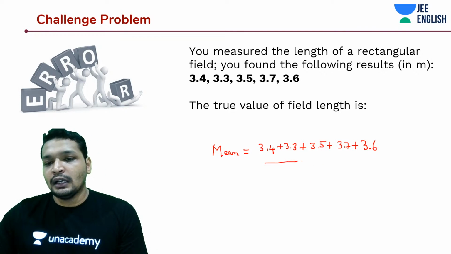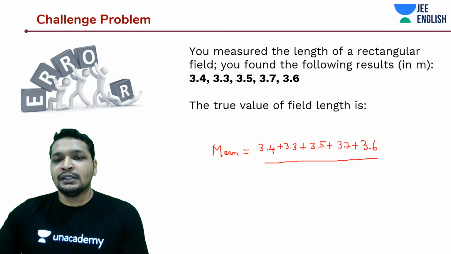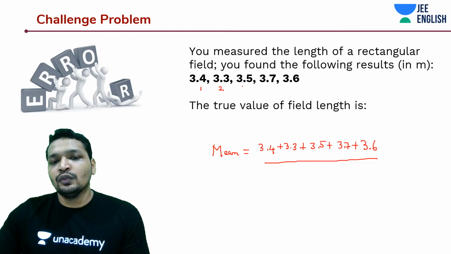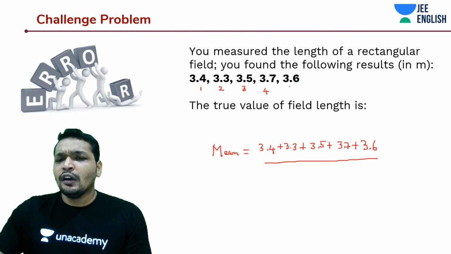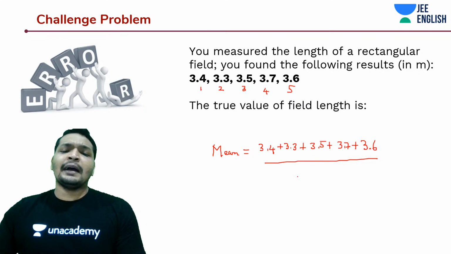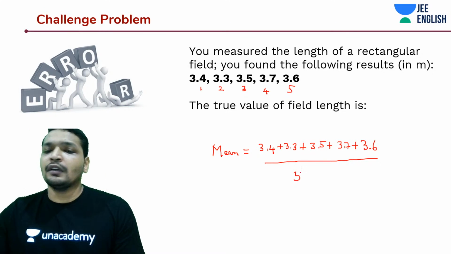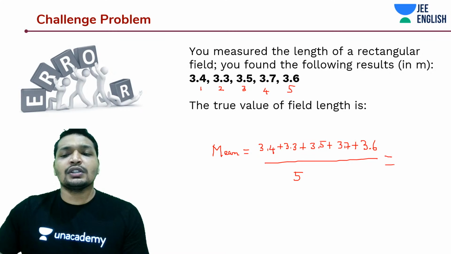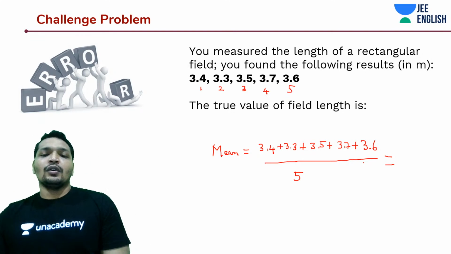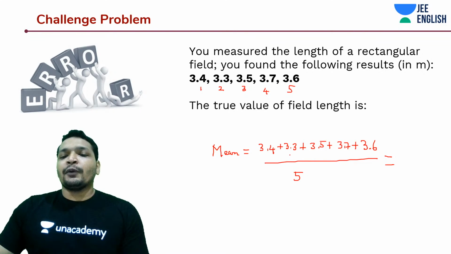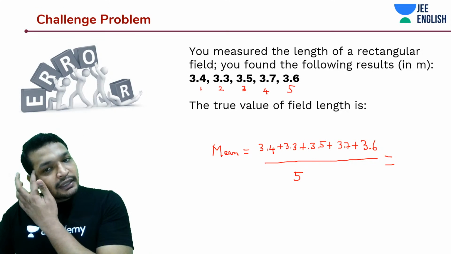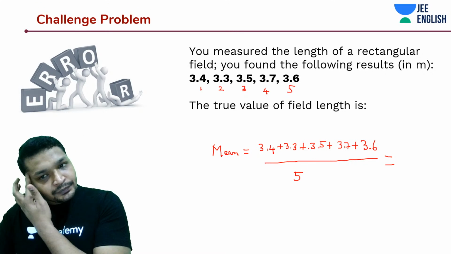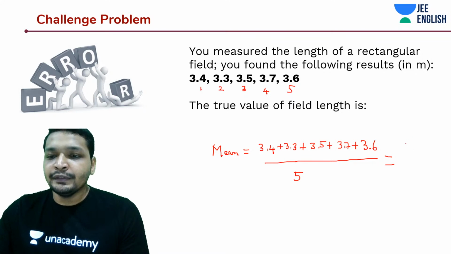And how many such measurements do we have? 5 measurements: 1, 2, 3, 4, 5. You often do this in your labs, guys. Even if you are a computer science student, you're going to do this a lot. So 3.4 plus 3.3 plus 3.5 plus 3.7 plus 3.6 is 17.5.